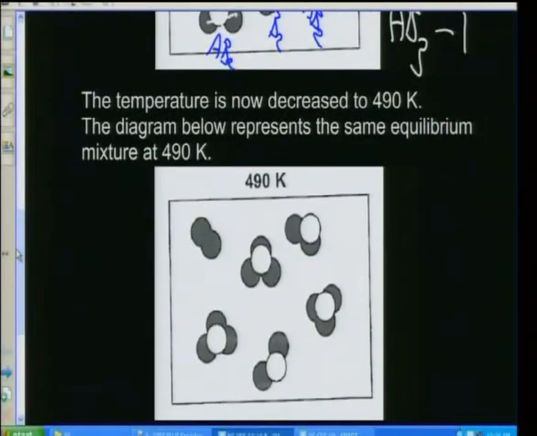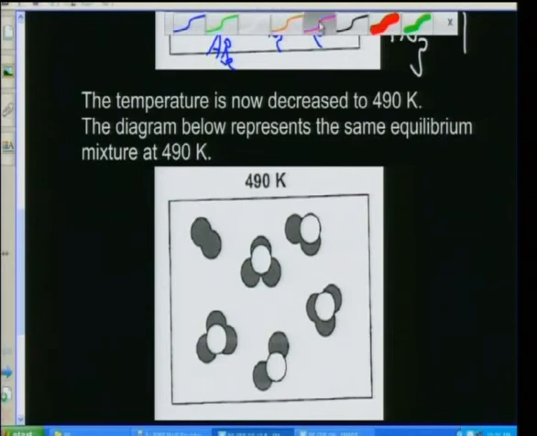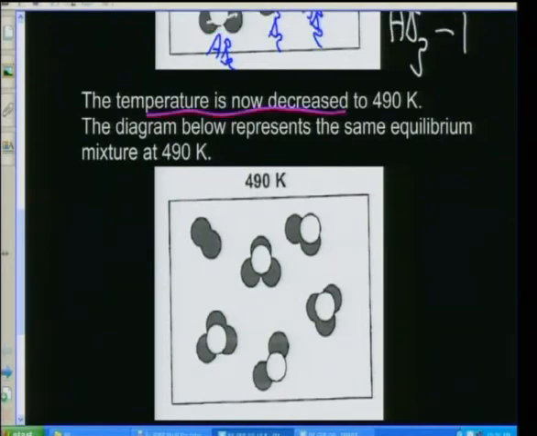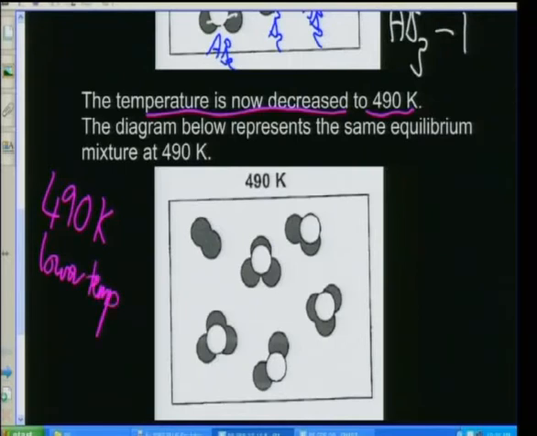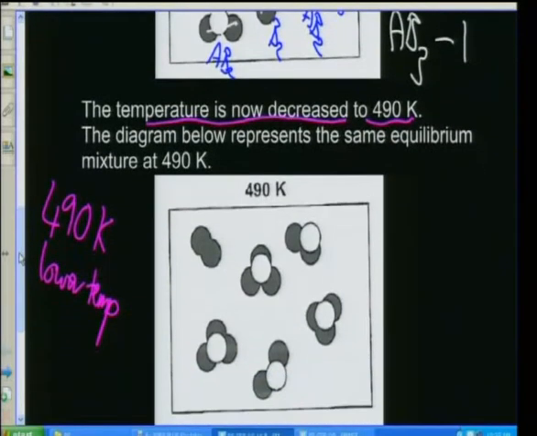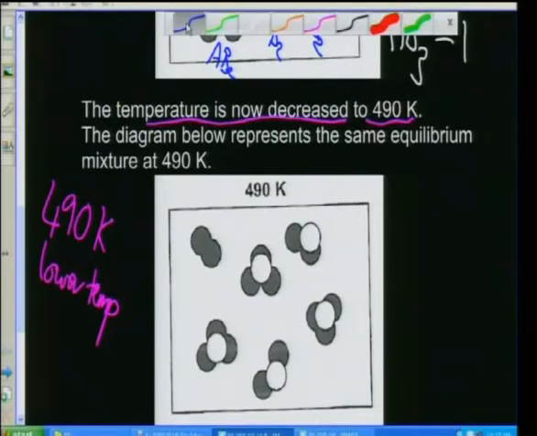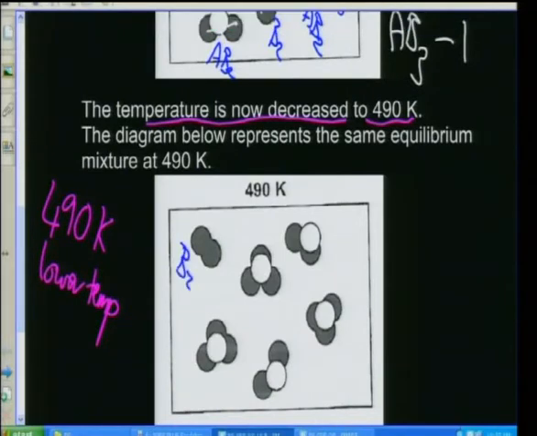Now it tells you that the temperature is now decreased to 490 K. So this is a lower temperature. And here's what the mixture looks like again. We're going to use the same symbols, and let's count up what we've got. Remember, the 2 black ones are B2.